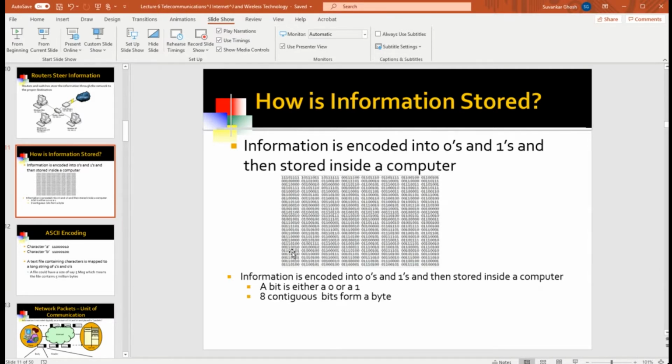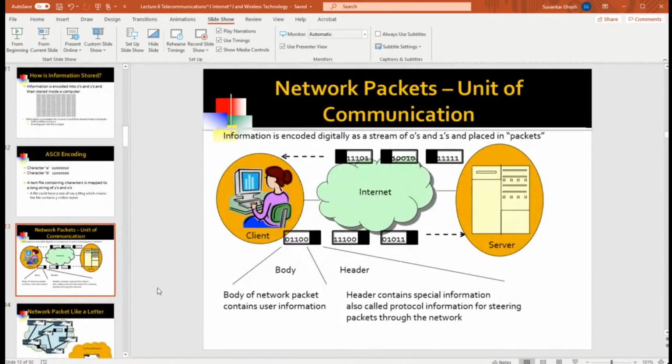Now, when you want to download a file from some source computer where the file resides, the file is not sent as a single chunk. It's not sent as 5 million bytes all together. What is done is that the file is broken up into smaller chunks called packets. They're not going to send you that entire chunk of 5 million bytes in one go. They're going to break it down into packets.